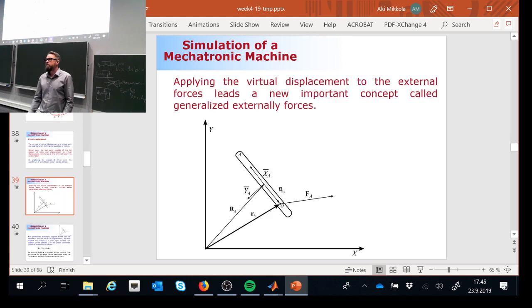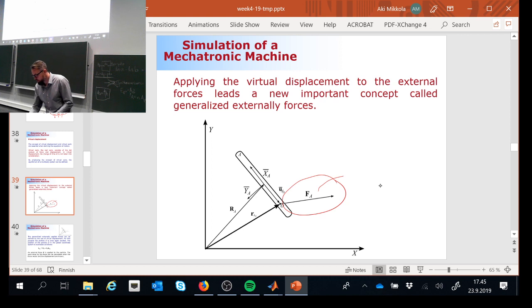The only way to really learn this is to take a look at an example. So I have here, again, the beam-like body, and in my beam-like body I have an externally applied force that is applied at a position called O. Here is my force, and it consists of two components, because this is a force expressed by using the global coordinate system.